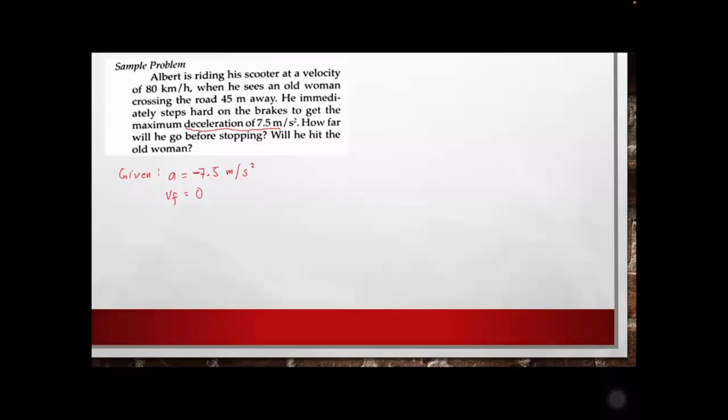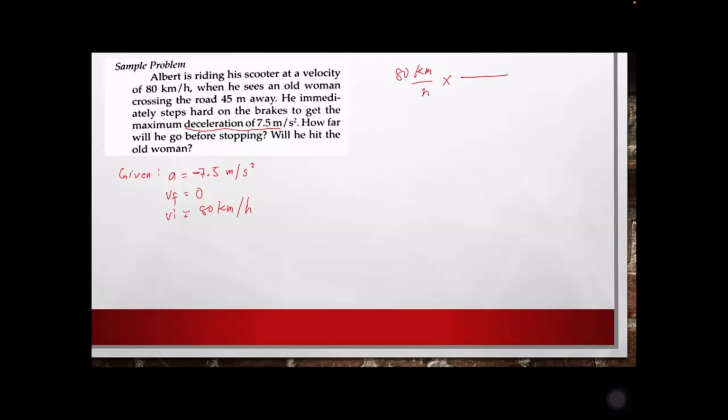Now, what is our initial velocity? This is 80 km per hour. But our problem here is meter per second ang ating kailangan. So therefore, we need to have the conversion factor muna. In order to convert the given, magkakaroon tayo dito ng 80 km per hour times what?